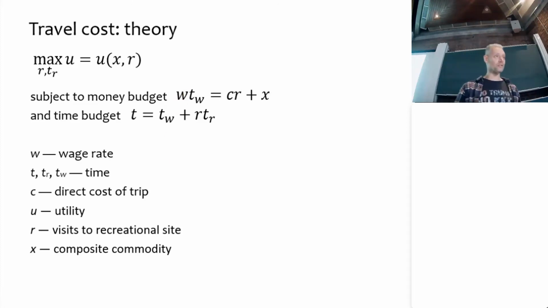And then the problem is different than what you're used to, because we also have a time budget. The assumption here is that you can either go to the park or you can work, right? Those are the only two things available to you, and there's nothing else you can do. Very boring life. And of course, those two need to add up.